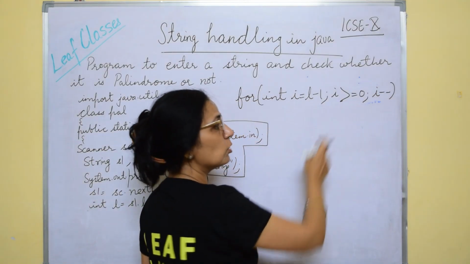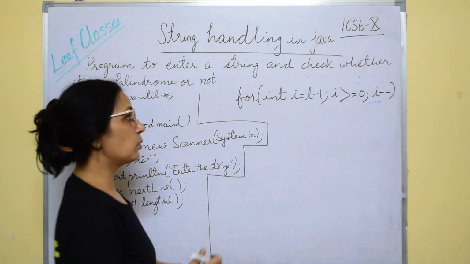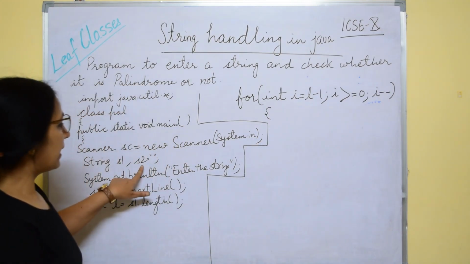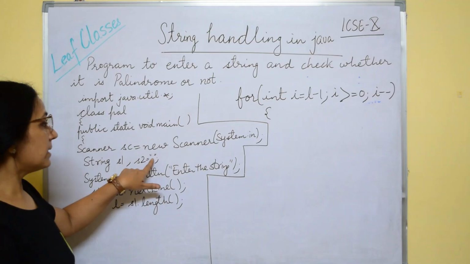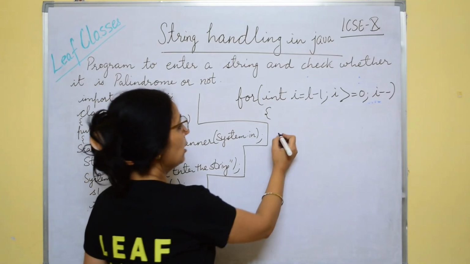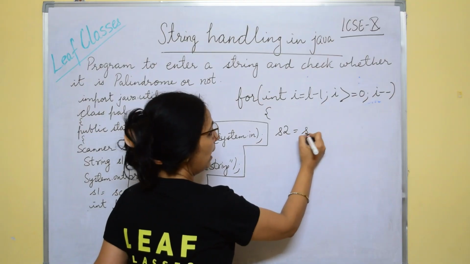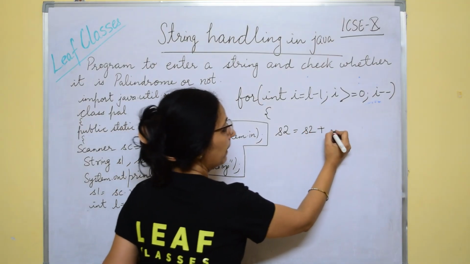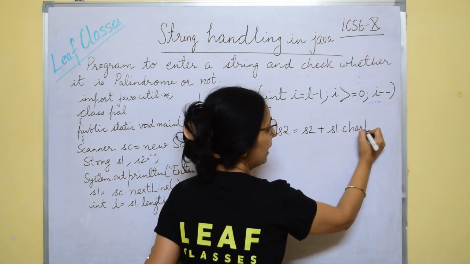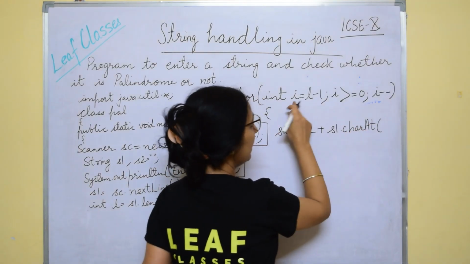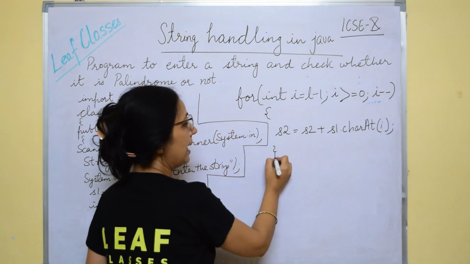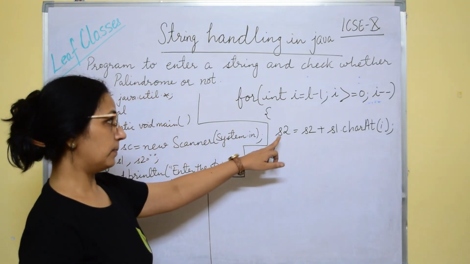From a bigger value to a smaller value, there is always a decrement. Then in another string, say S2, I have initialized it with nothing, only opening and closing quotes. So S2 equals S2 plus, from the S1 string, the character at index i, extracted and added to S2.